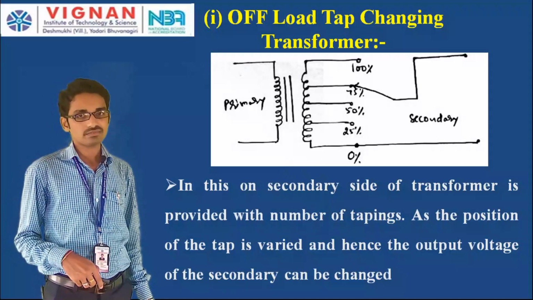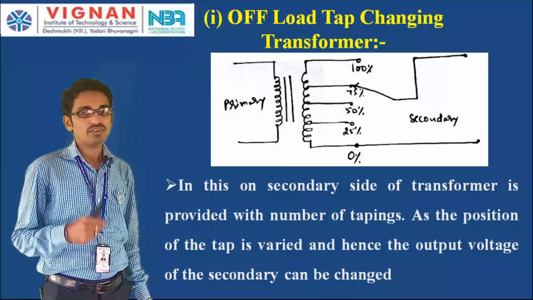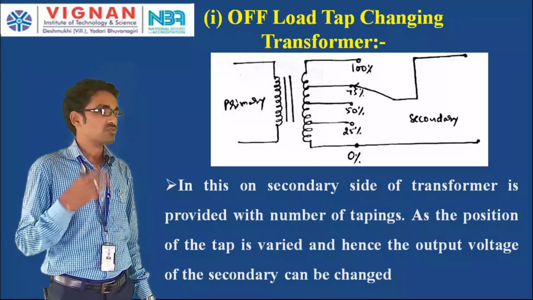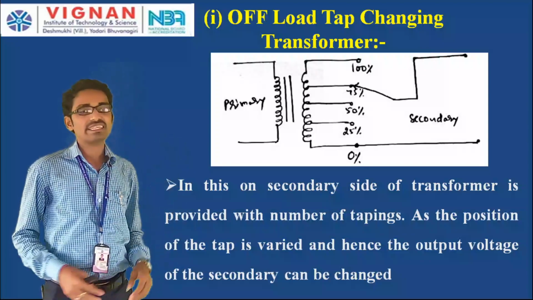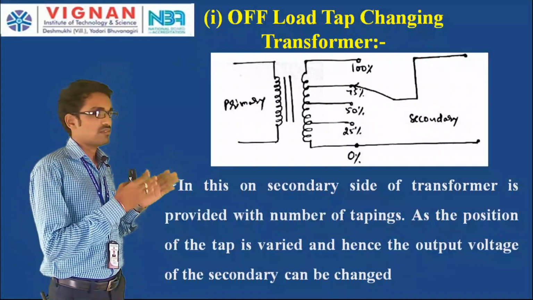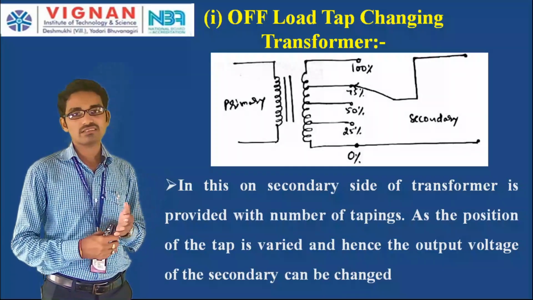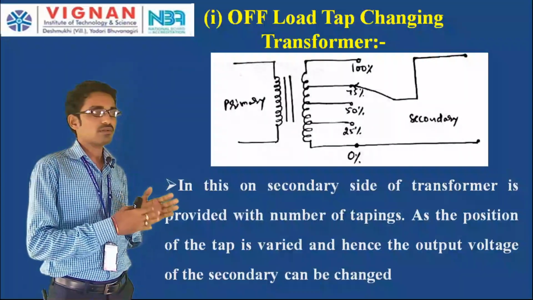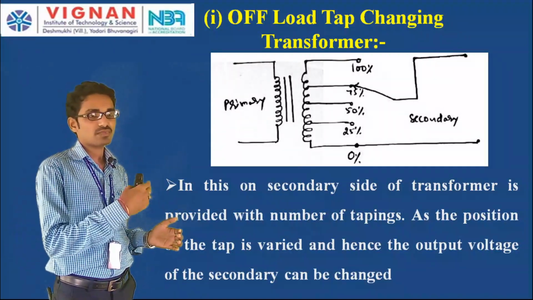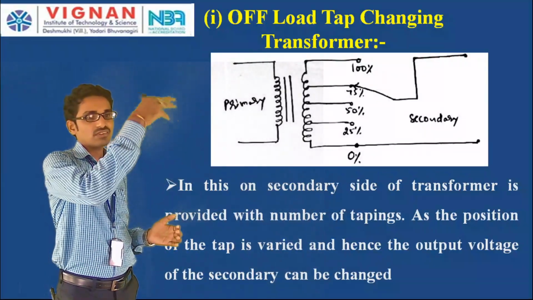Let us consider the case where I change the tap position from 50% to 75%. How does this happen in real time? Consider a step-up transformer with a rating of 500 by 1000 volts. You have the studs at 0%, 25%, 50%, 75% and 100%.